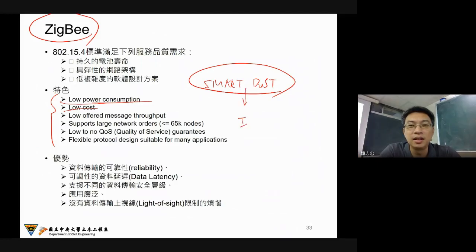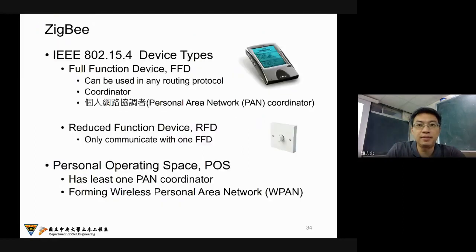Right now it is what we call the IoT, Internet of Things. If we try to achieve that goal, we need very low power consumption and low cost of data transmission. So at that time we developed Zigbee.